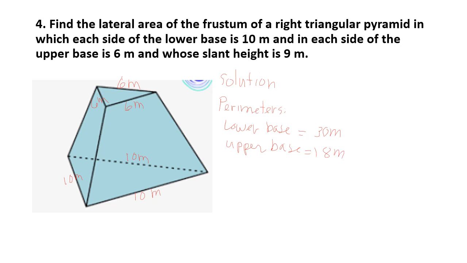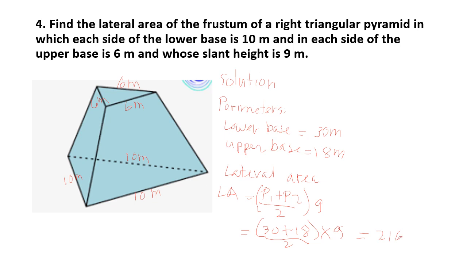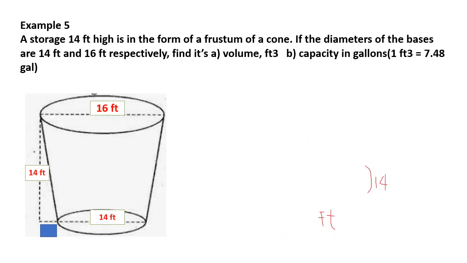Lateral area, LA, equals P plus P1 plus P2 all over 2 times, of course, 9, equivalent to 30 plus 18 all over 2 times 9, equivalent to 216 meters squared. So you have the solution number 5.